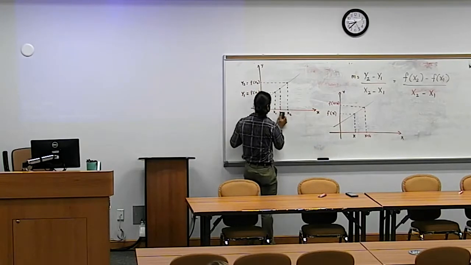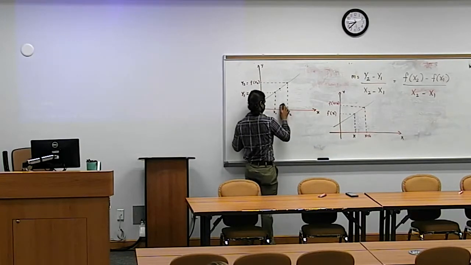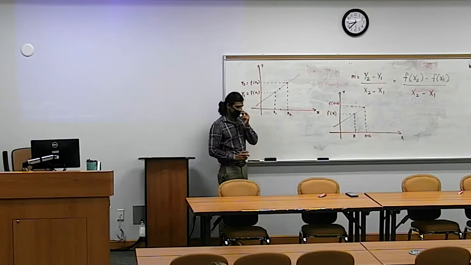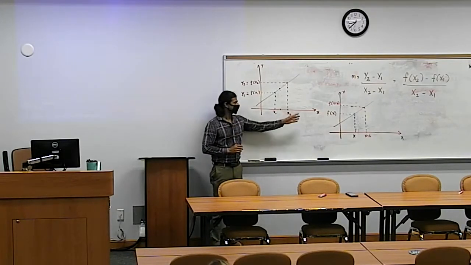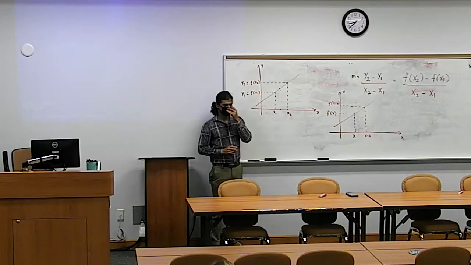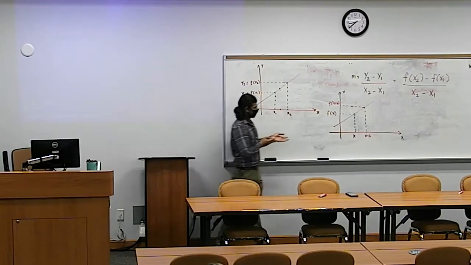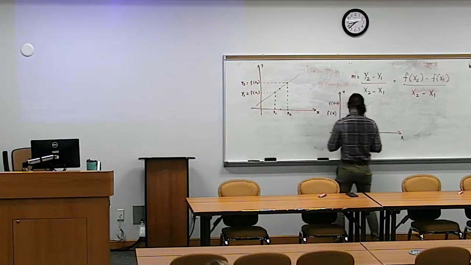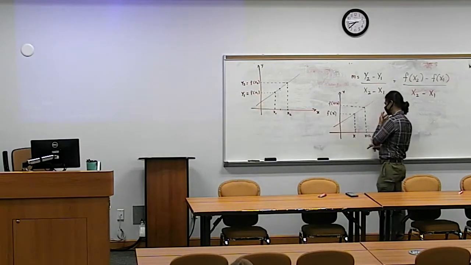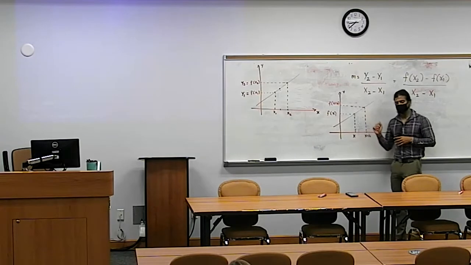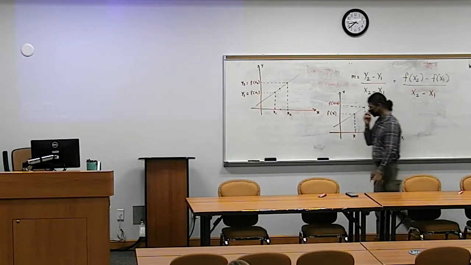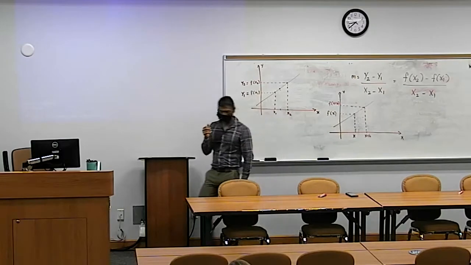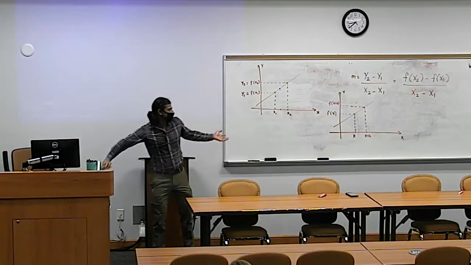Let me get rid of this, maybe it's a bit clearer. What did I change x1 to? X. What did I change x2 to? X plus h. And on the y-axis, I simply plugged in x for the function, x plus h for the function. I end up getting this picture. By all means, they aren't any different.